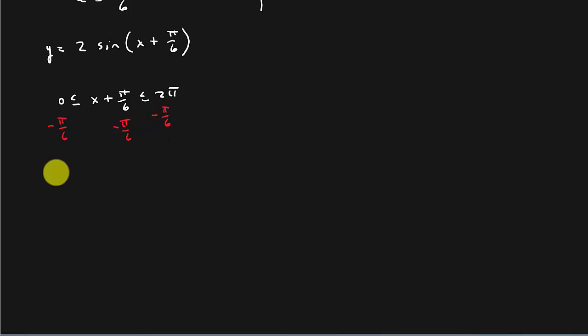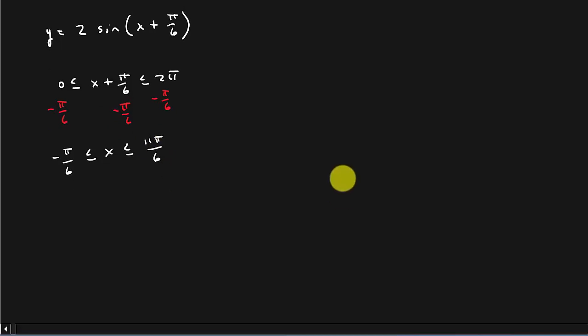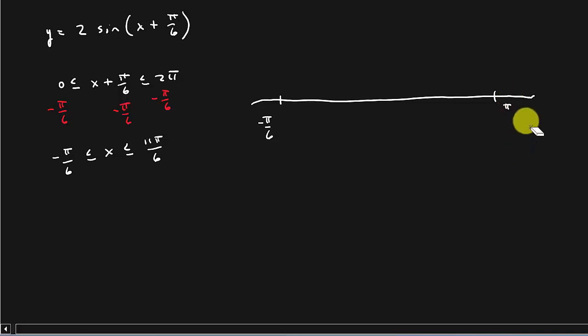And so that's going to give me negative pi over 6 is less than or equal to x, less than or equal to 2 pi, which would be, if we put that over 6, 12 pi over 6 minus pi over 6 is 11 pi over 6. So that's what we're going to graph it over. So we've got negative pi over 6, and we've got 11 pi over 6.